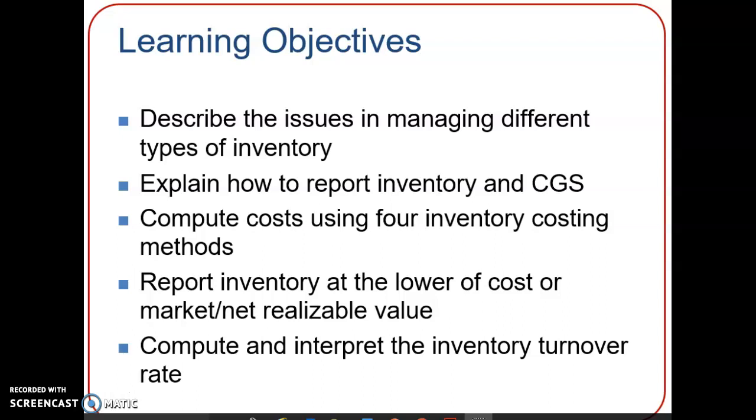Calculate cost using 4 different inventory costing methods or assumptions. Report inventory at the lower of cost or market net realizable value. So that's the accounting principle that we're going to look at. And finally, another new financial ratio, this time the inventory turnover rate.